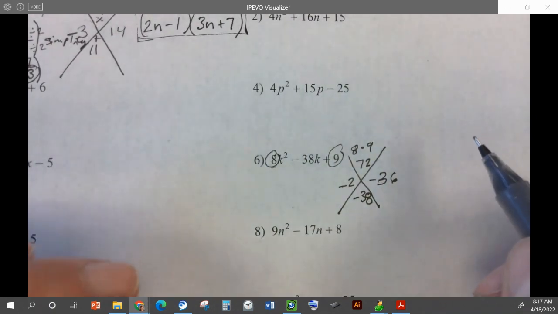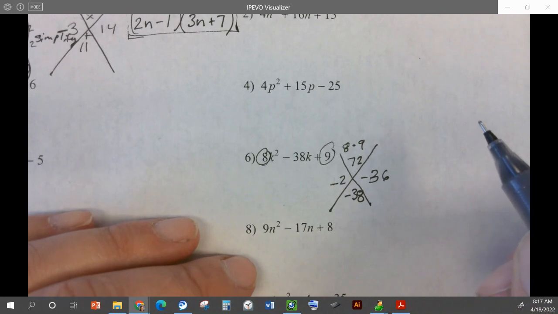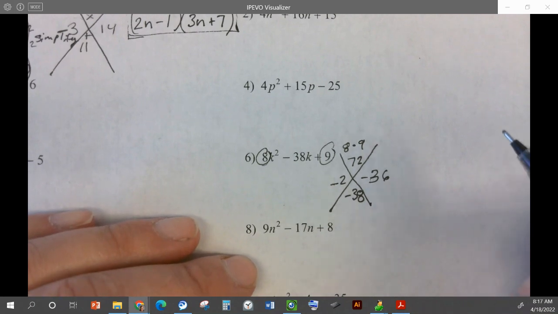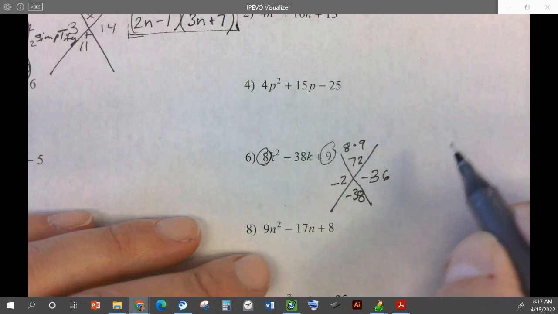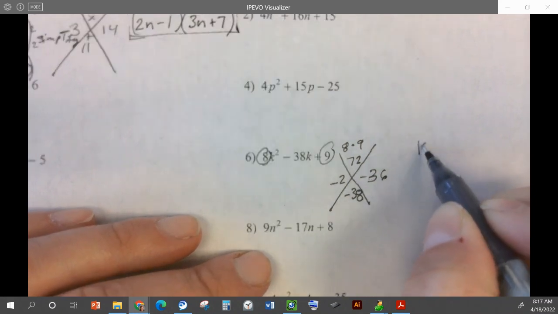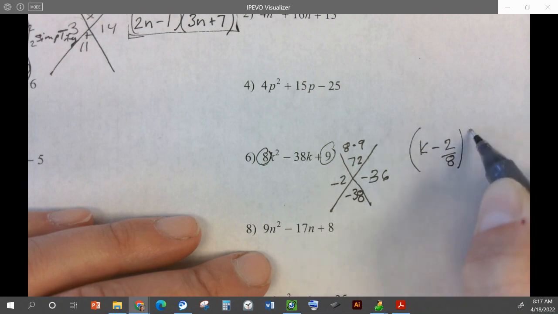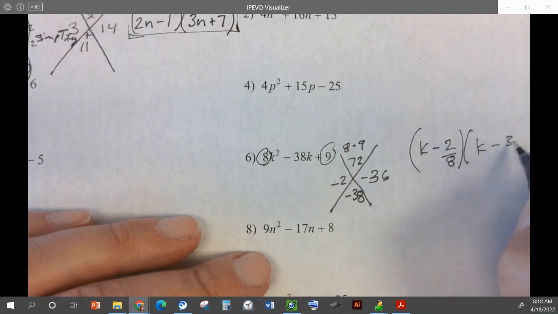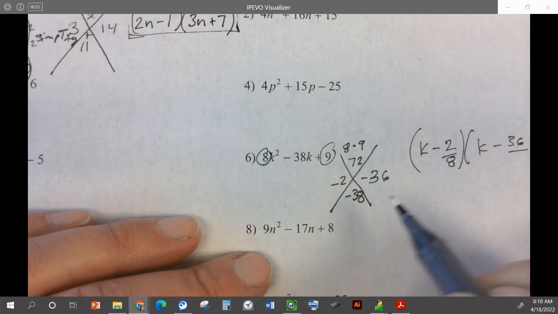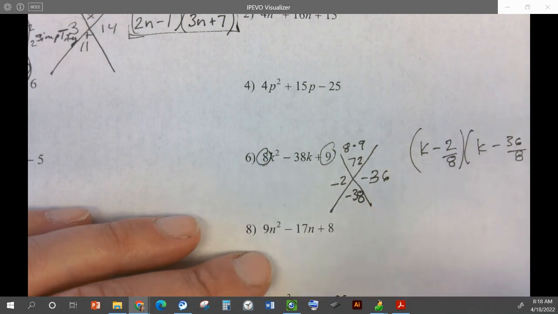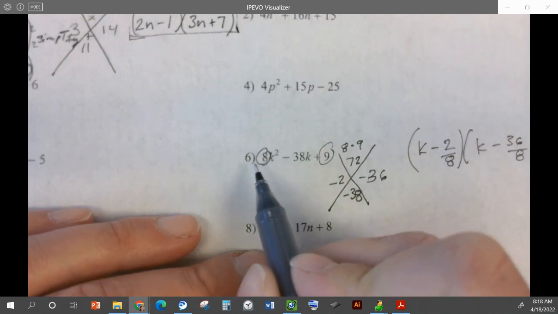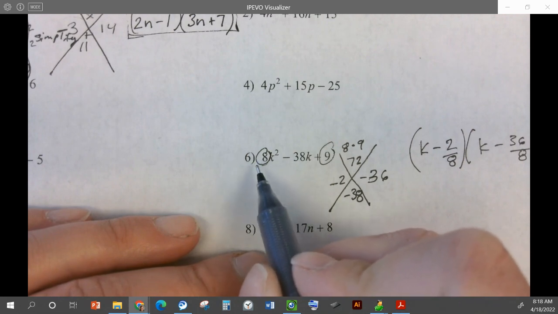What should we do next? Good. So these are going to be our factors. We're going to have k minus 2 divided by 8 and k minus 36 divided by 8. And I'm just getting that 8 from in front of whatever variable is squared.